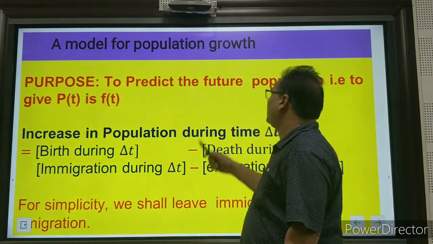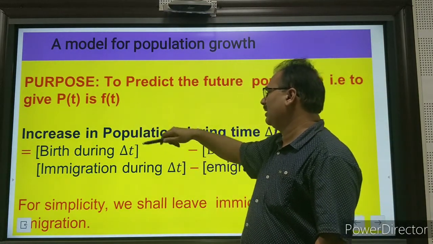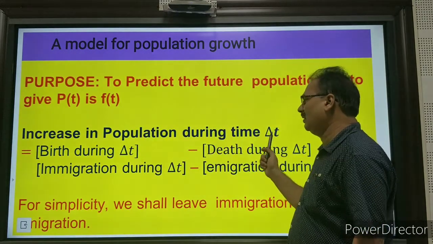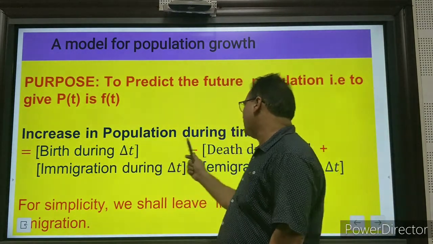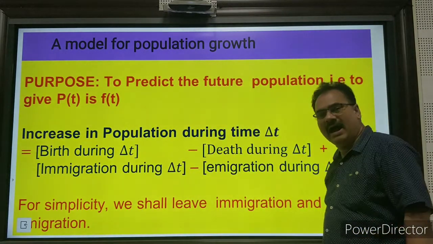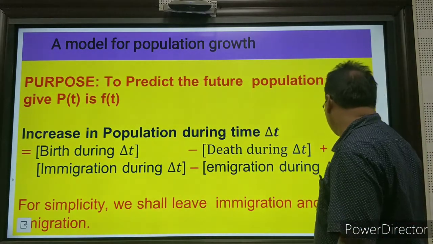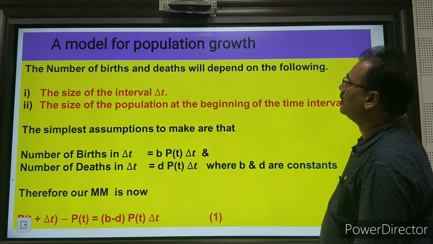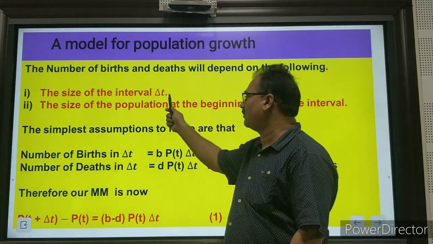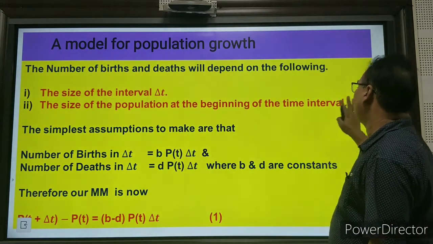Now the purpose is to predict the future population, that is, to give P(t) for future t. The increase in population during time delta t is of course births minus deaths, plus immigration, how many people came into the country at that time and how many people went out of the country. We can consider all of these. Okay, so now the numbers of births and deaths will depend on the following: the size of the interval delta t and the size of the population at the beginning of the time interval.